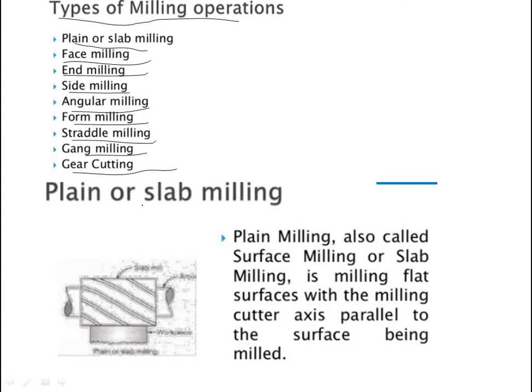So first of all we'll discuss plane or slab milling. Plane milling is also called surface milling or slab milling, which is milling a flat surface with the milling cutter axis parallel to the surface being milled.